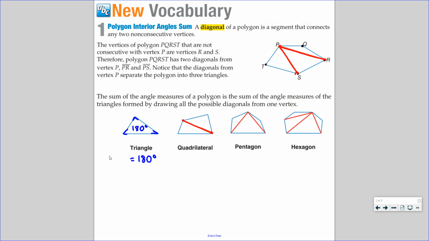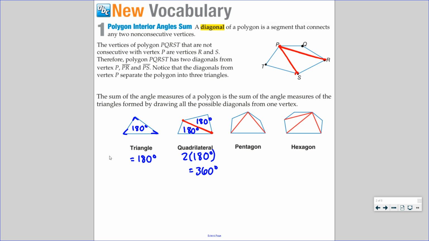So how many total degrees do we think are in this quadrilateral? 360. Why? Exactly. I have two triangles. 180, 180. I have two triangles. So it's going to be 360. Okay, let's continue this thinking. Pentagon is 5 sides.